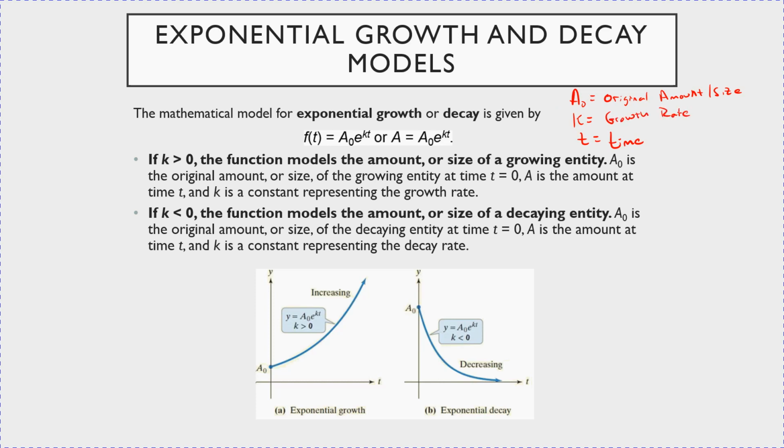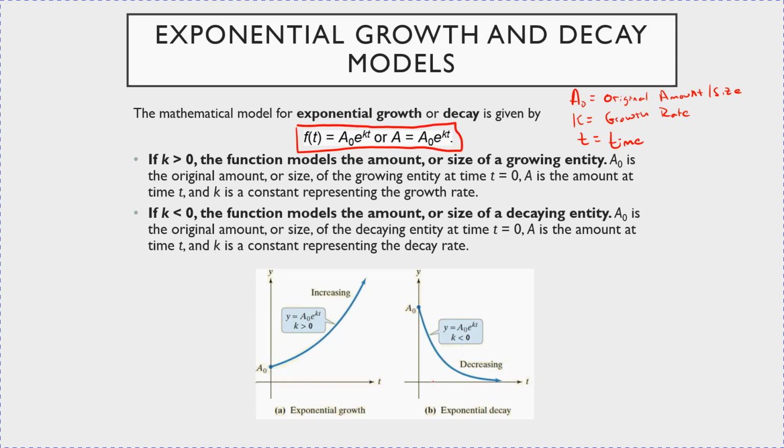Our job when we do these problems is to figure out the values of a sub 0 and k. t is the variable we're going to plug in, because in function notation it's f of t. So keep these formulas handy.